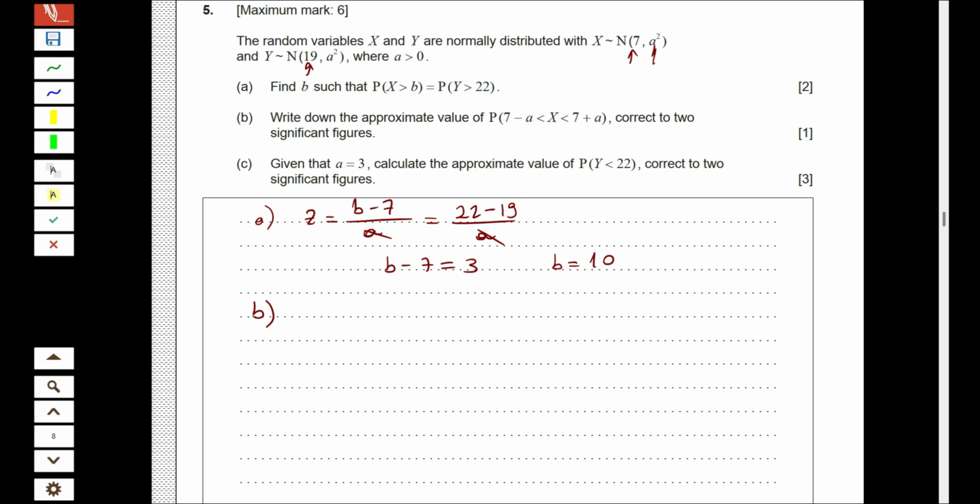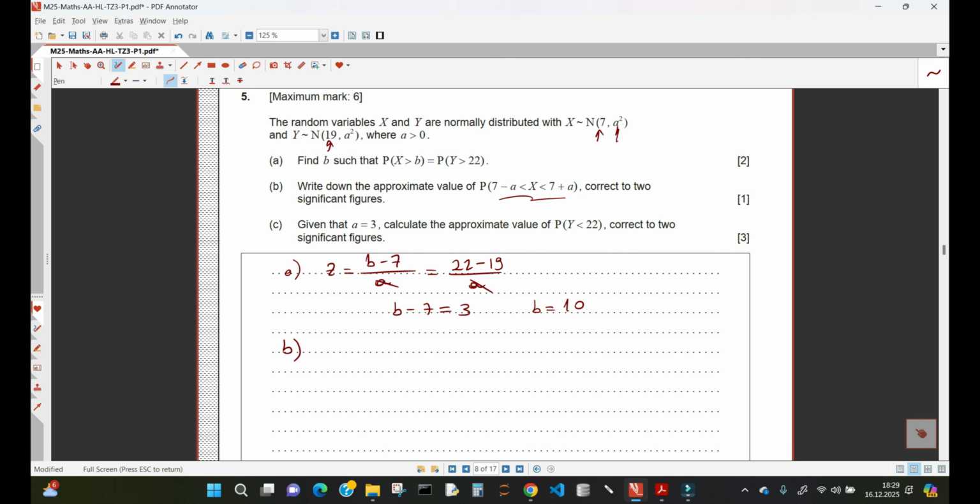Question B, write down the approximate value of the probability between 7 minus alpha and 7 plus alpha, correct to two significant figures. So what this means, it's better to know the attribute of normal distribution, because it's not written in the formula booklet.